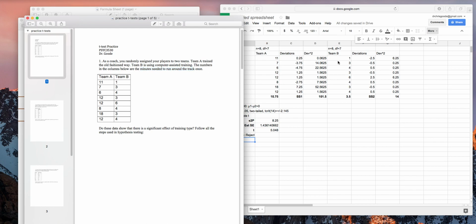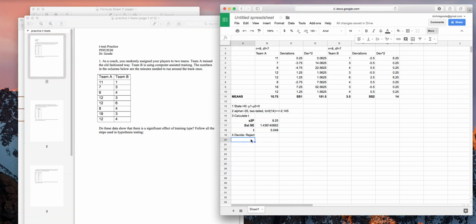Well, that means that team B took fewer minutes on average, 3.5 minutes versus 10.75. And that means that computer-assisted training actually reduces the time it takes, right? So we could say the team using computer-assisted training ran significantly faster than the team using the old-fashioned way.